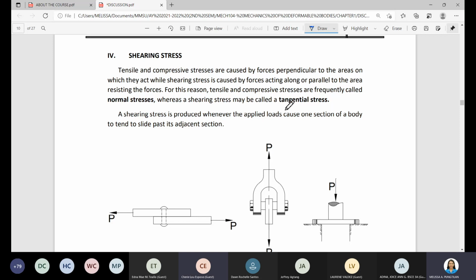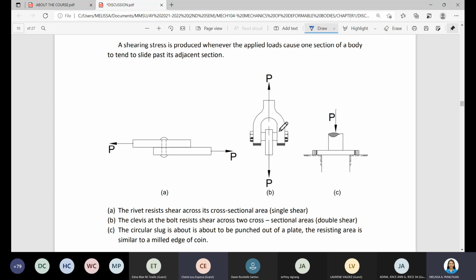Tangential, tangent to the cross-sectional area or parallel to the cross-sectional area yung force na nag-act sa ating body. So, a shearing stress is produced whenever the applied loads cause one section of a body to tend to slide past its adjacent section. So, we have here three illustrations ng shearing stresses.